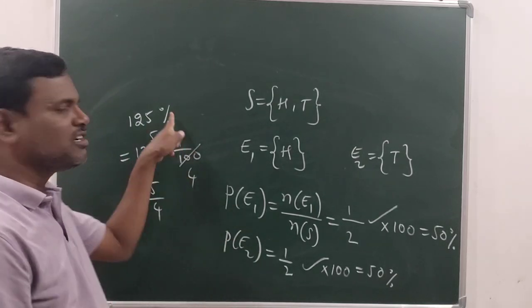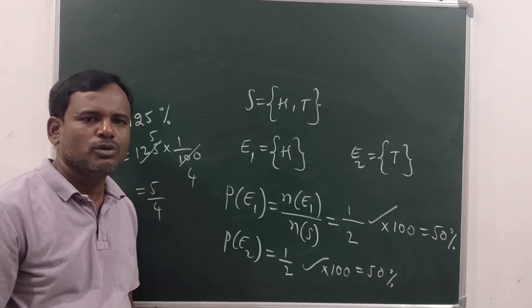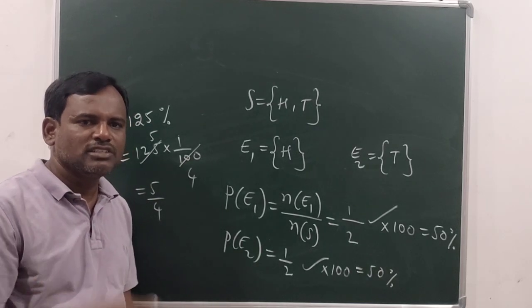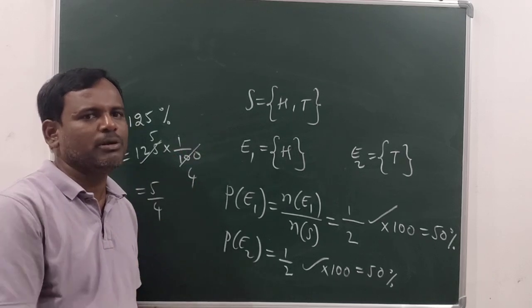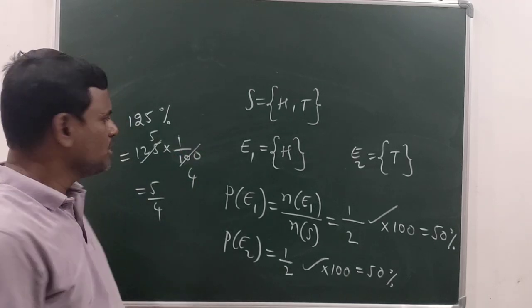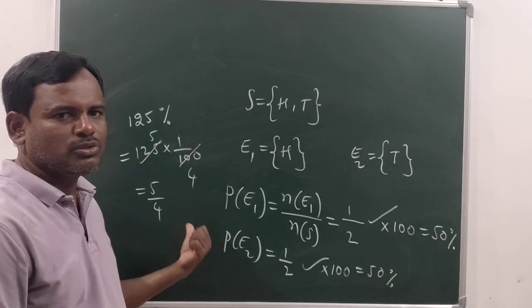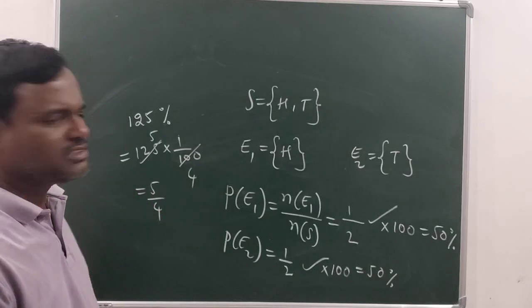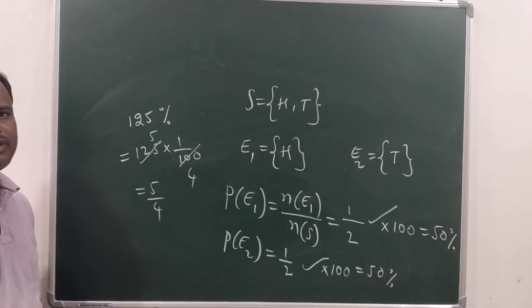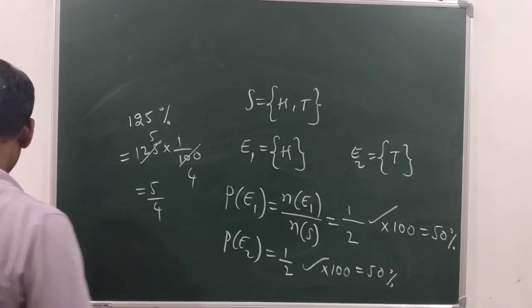Hence, this is not possible. So the probability of an event is up to 100% only, or below that. 0 to 100% only is possible. If the percentage is more, then it does not represent the probability of an event. Remember this point.